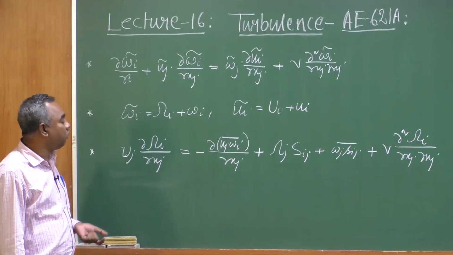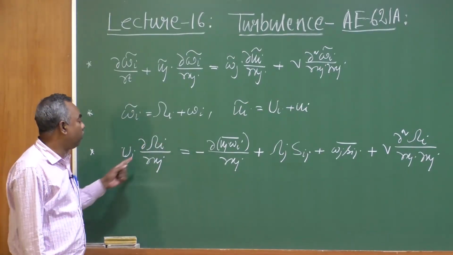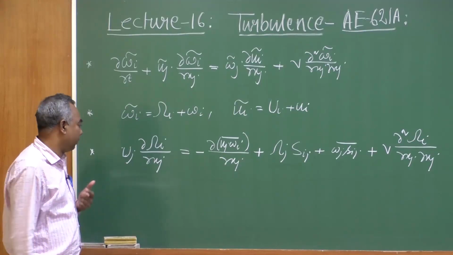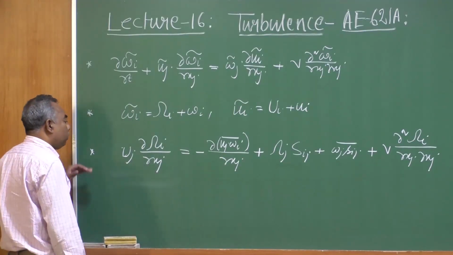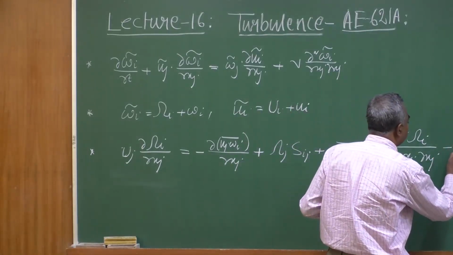In the same fashion, we will multiply this equation by omega i, and let us see what we get. Let us say this equation is our equation 1.